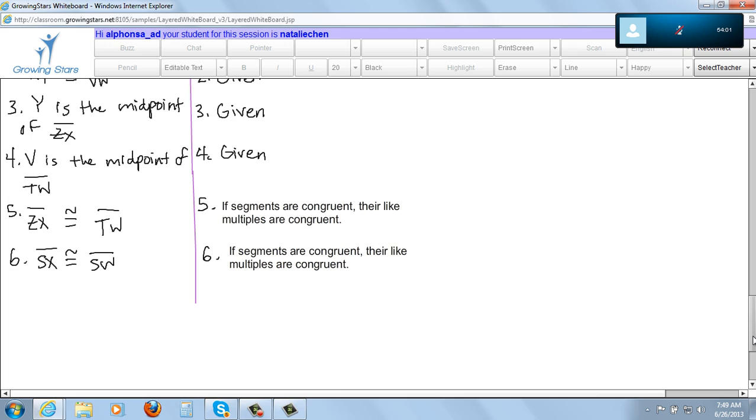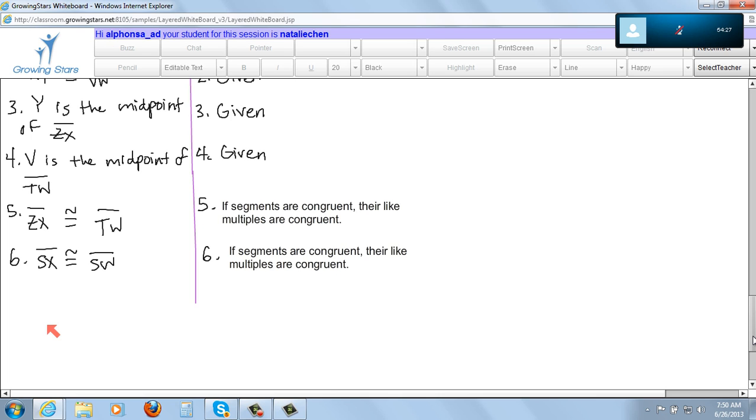It would be 3y plus 40 plus 110 equals 180, since they are supplementary. So now can you tell me what all the properties we have learned today? We have learned the multiplication and division property. Can you tell me what is the multiplication property? If segments are congruent, their like multiples are congruent.